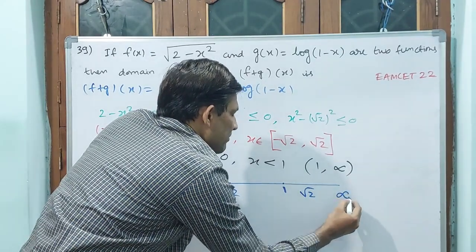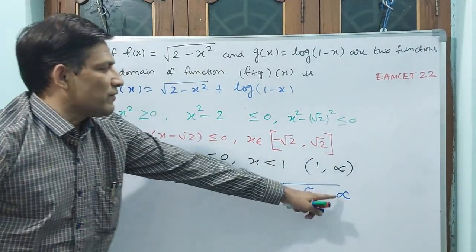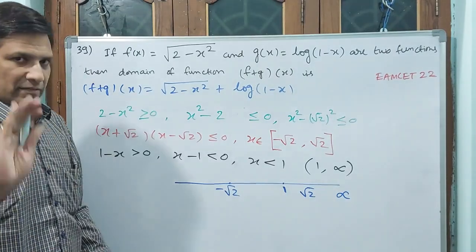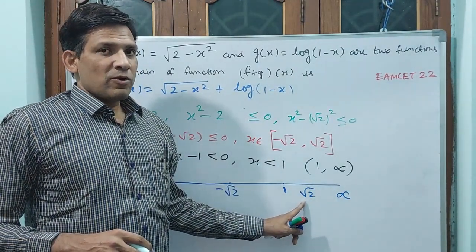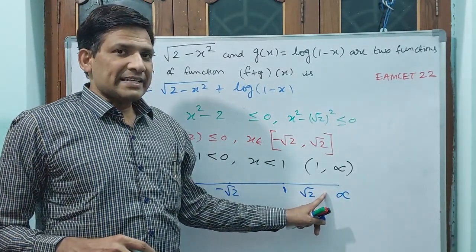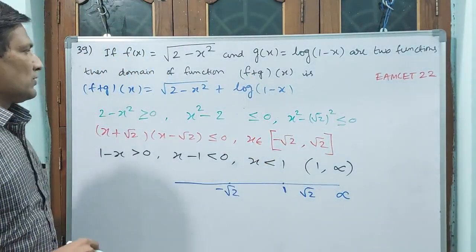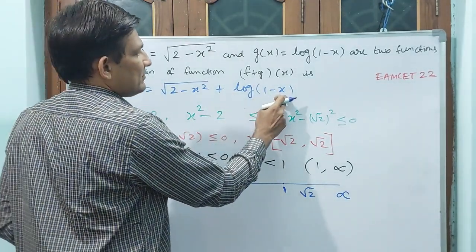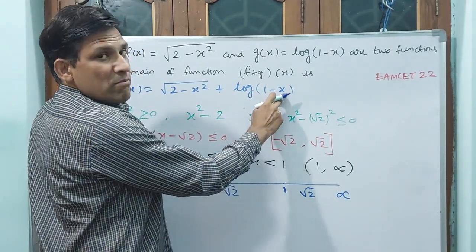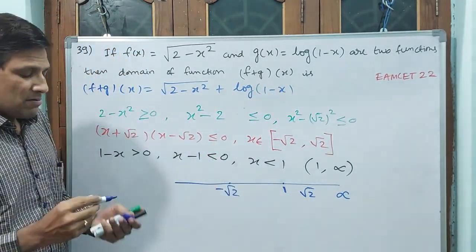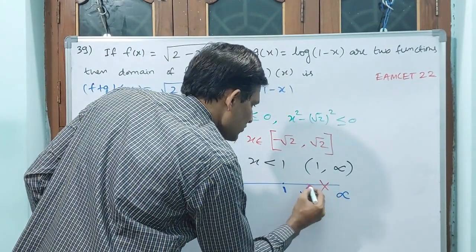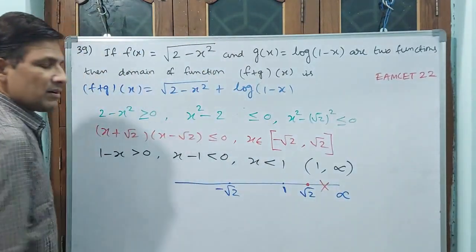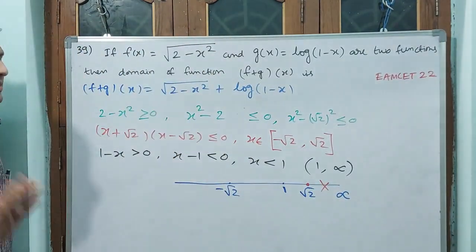Afterwards infinity is there, but infinity we don't take. Wait. See, root 2 is 1.414. 2 is greater than this. If you take 2, what will happen? If you take 2 here, 1 minus 2 is minus 1, the logarithm is going to become a negative value. It is not acceptable. That means here you close. Greater than root 2 you cannot take.